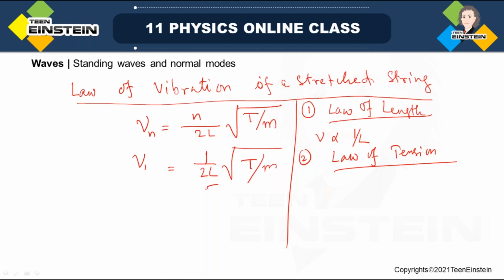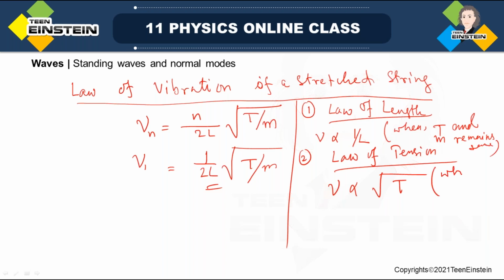We know from this itself, nu is directly proportional to the square root of T. That means the fundamental frequency of a vibrating string is proportional to the square root of its tension, provided its length and the mass per unit length remain the same, when L and M remain same.